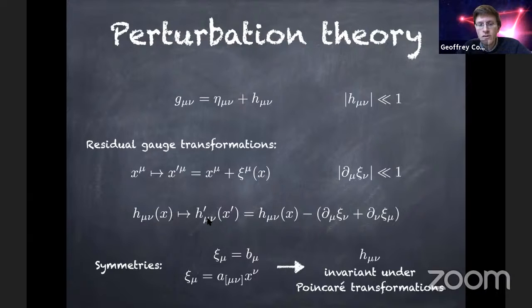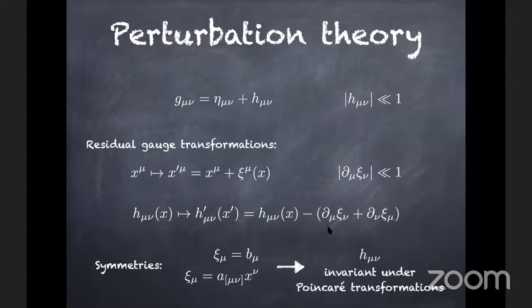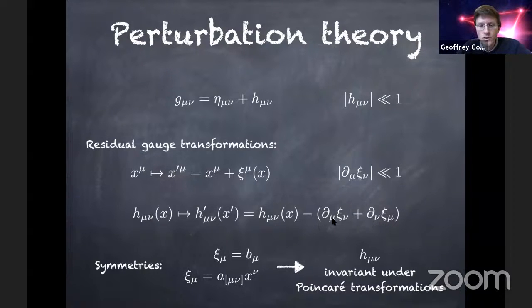Indeed, the linearized metric transforms in this fashion. As you know, you transform it using the Lie derivative, but the Lie derivative of Minkowski gives you just this term, the derivatives of psi symmetrized. So this is the diffeomorphism of the linearized theory. It's given by these transformations.